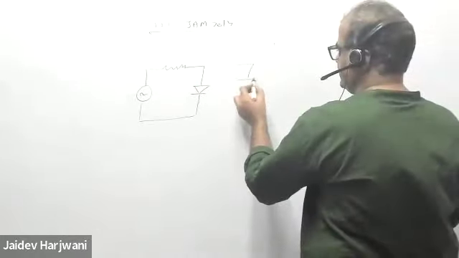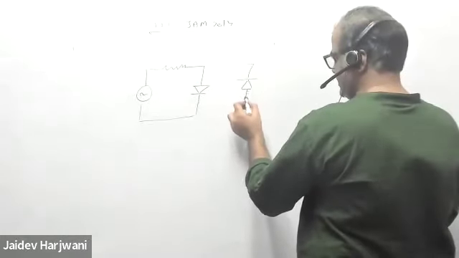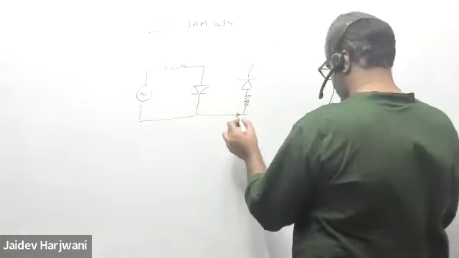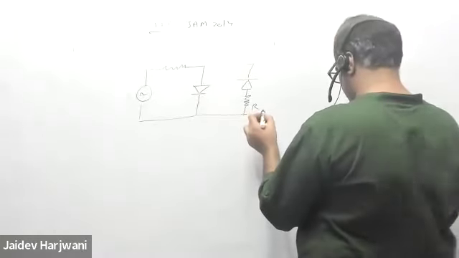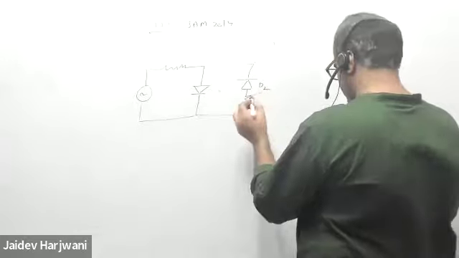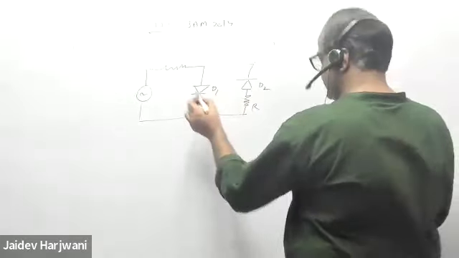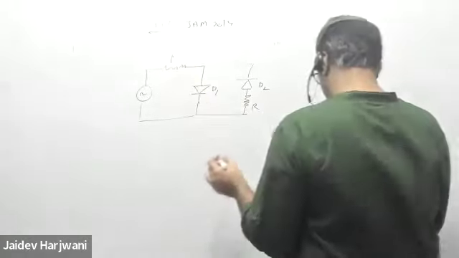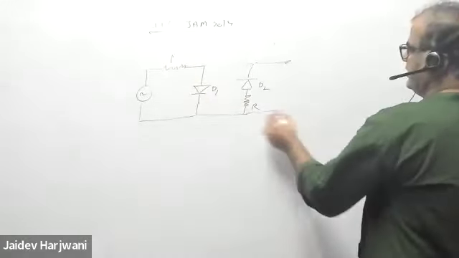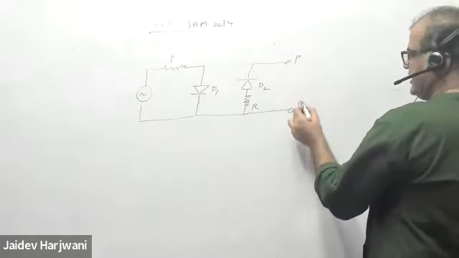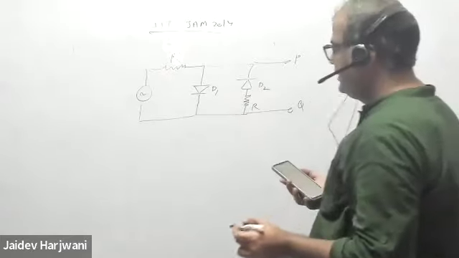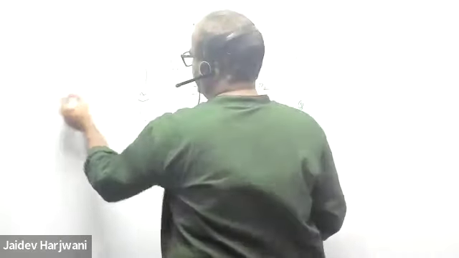This is your diode. This is your R. D2, D1, R. And here you have a P and Q. Okay. And input is a 2 volt battery.